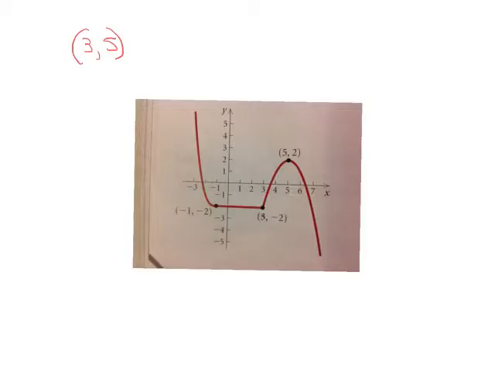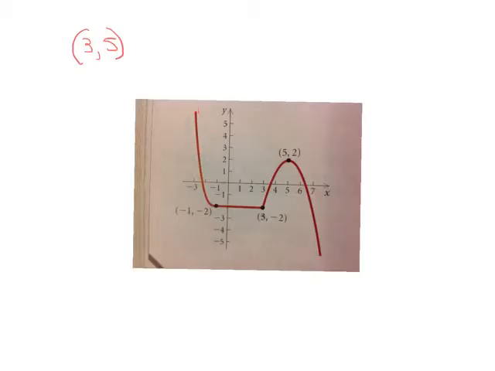Now look at what happens with the range. We went from a -2 down here to a +2. So as we increased our x values from 3 to 5, our y values also increased, and that will always happen. Same thing over here. As x decreased from a number like maybe -3 and we got down here to -1, notice what happened to my y value.